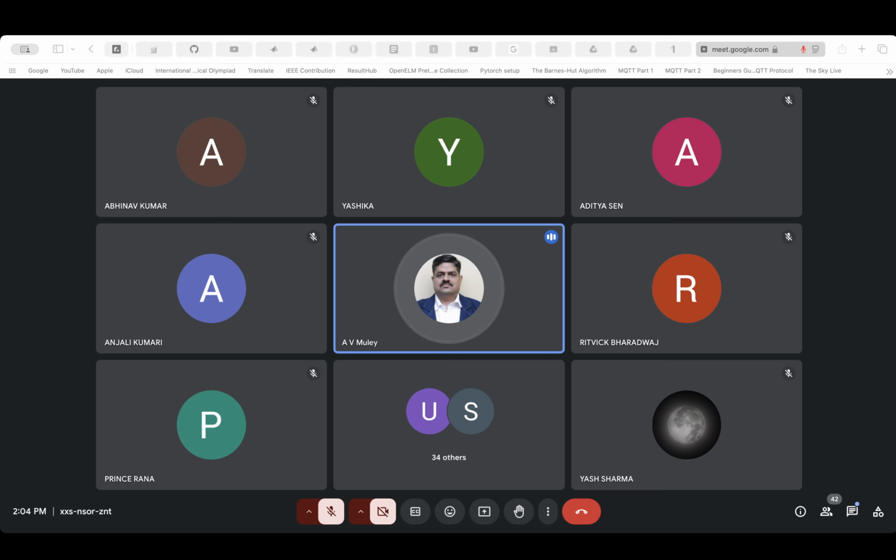Okay, so we are going to start. All of you who haven't joined till now, join fast. Ask them to join fast and mark your roll number followed by present in the chat box.